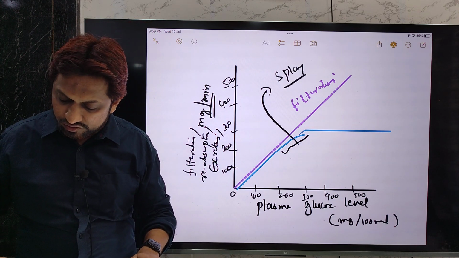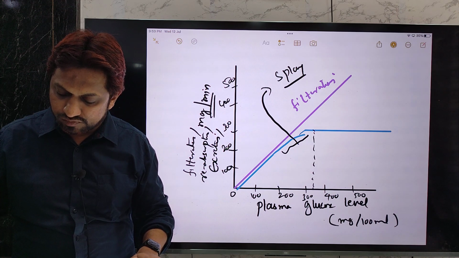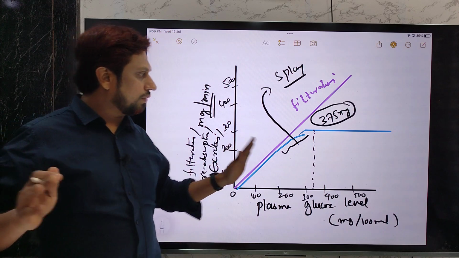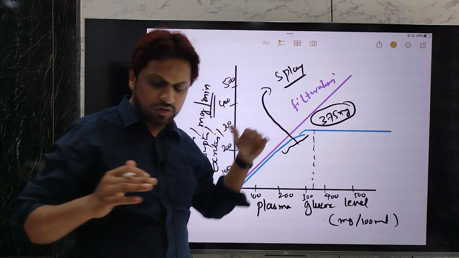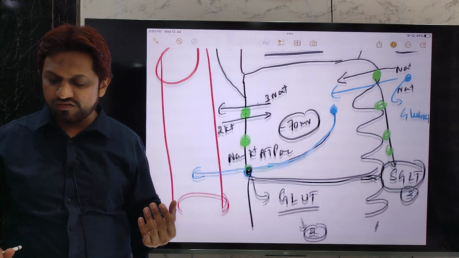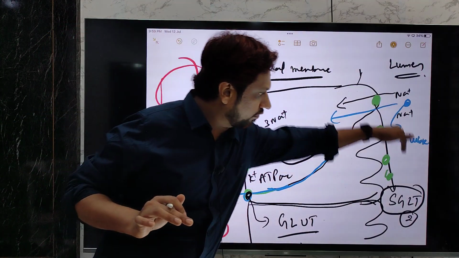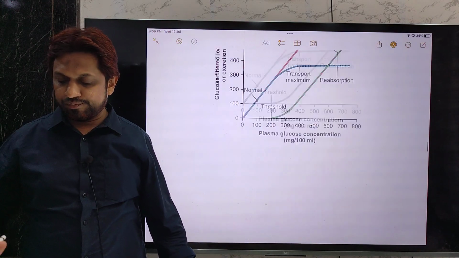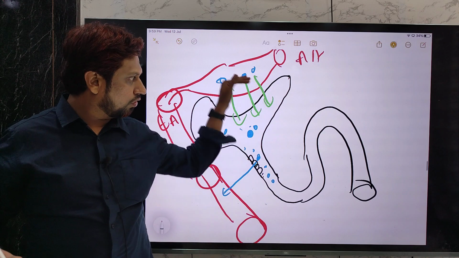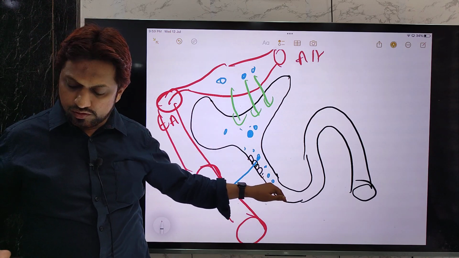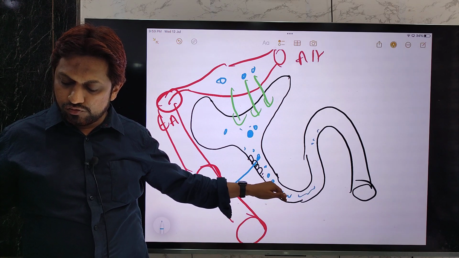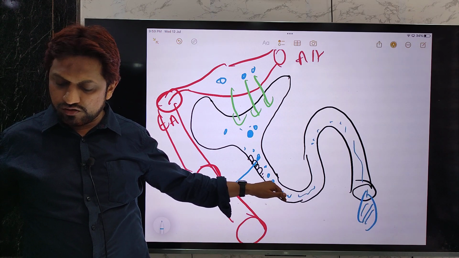At the level of around 375 mg of blood glucose level, no further reabsorption is seen. That is, whatever glucose enters the lumen after 375 mg will all go out through the urine. After 375 mg of blood glucose level, whatever comes will go directly into the urine.